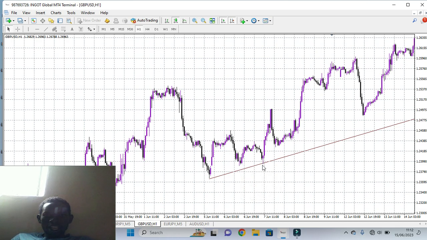So after kissing the line, it gets more power, then it moves up quite a longer distance, breaking this point. So you understand.